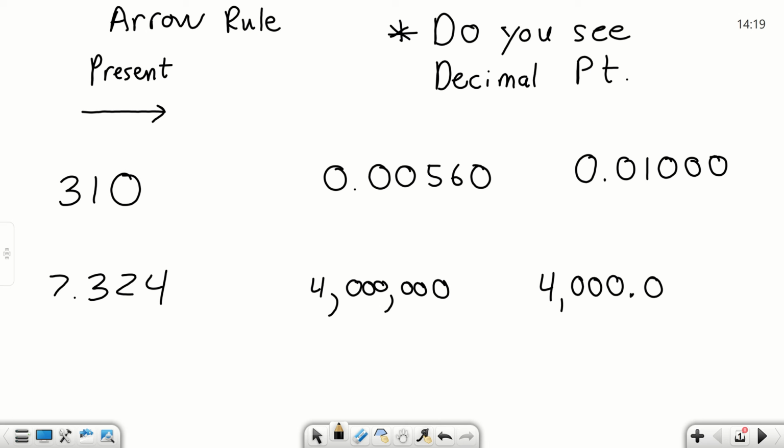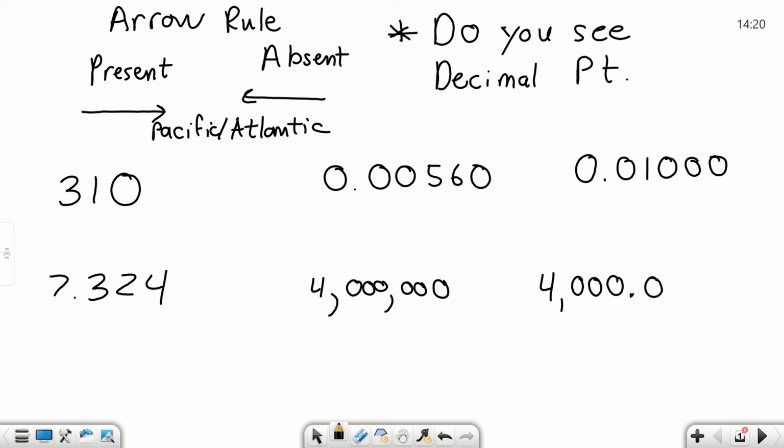You're probably like, what? If there is no decimal point, it's absent, we're going to start from the right and point back to the left until you hit a non-zero number. This is sometimes called the Pacific Atlantic technique.